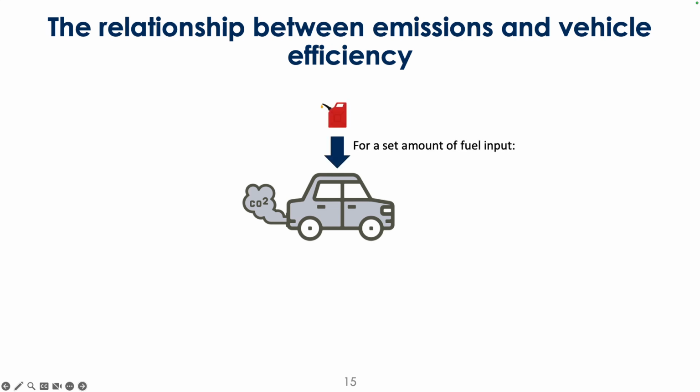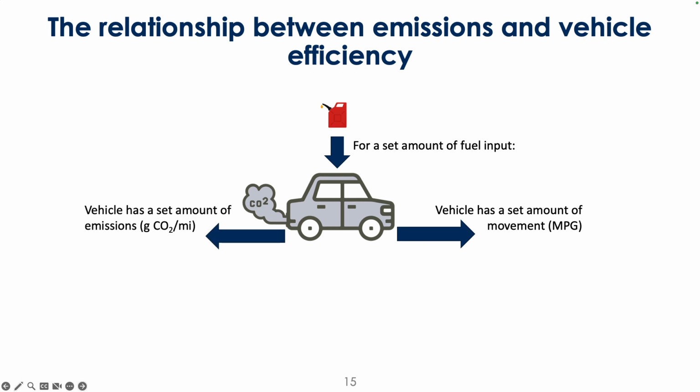So if you have a car and you put some amount of gasoline into it, you will be able to understand how much distance that vehicle can travel given a set amount of fuel input, and we measure that as MPG. You also will know how much emissions are coming from combusting that gasoline.